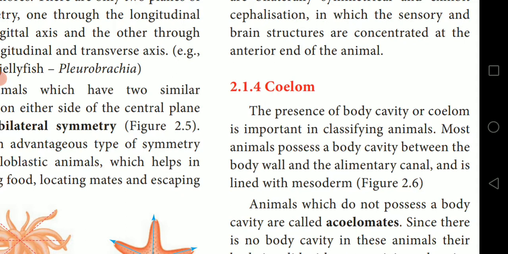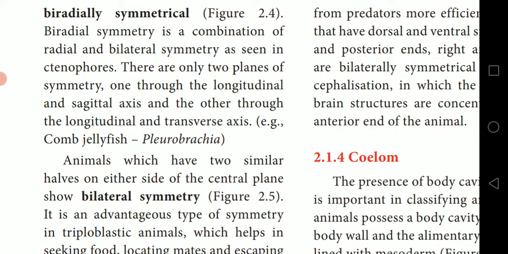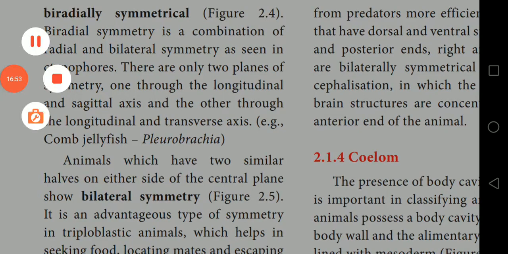We have also seen radial symmetry, pentamerous symmetry, biradial and bilateral symmetry, and coelom, acoelom, pseudocoelom, enterocoelom. Just go through them today itself. Once you understand these, the coming topics will be easily understandable. Okay, bye. Take care.